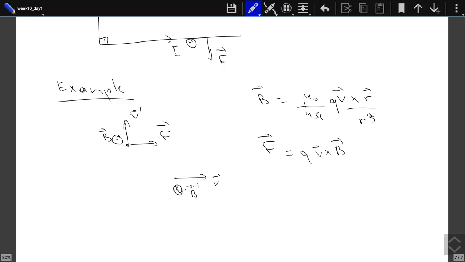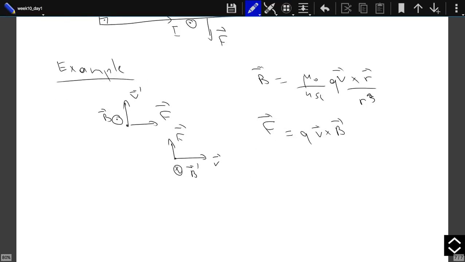What is the direction of the force? This is V, this is B, V cross B, upward. Again, there is no action-reaction pair. There is no Newton's third law.